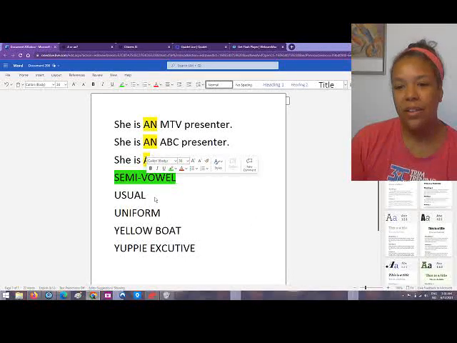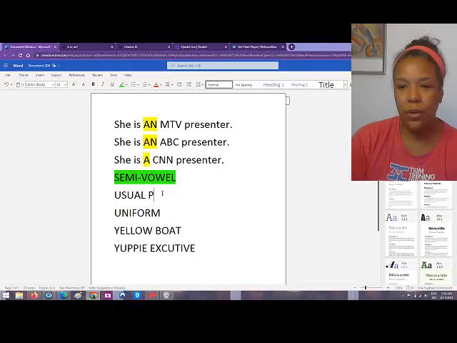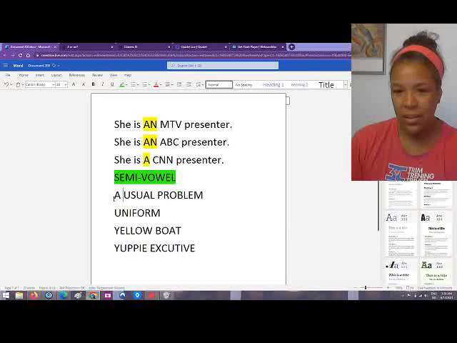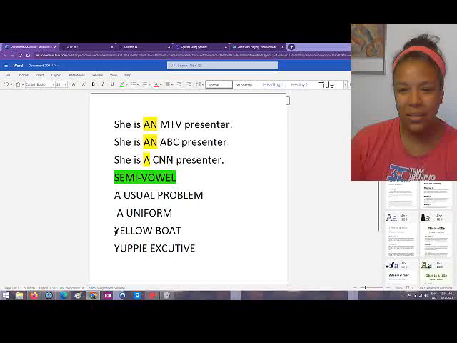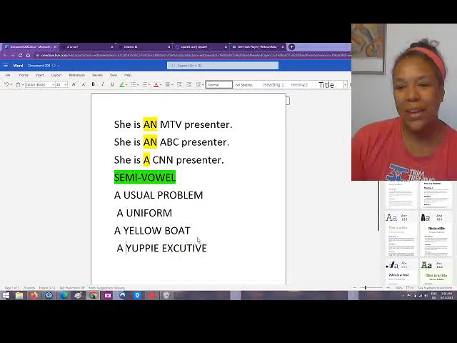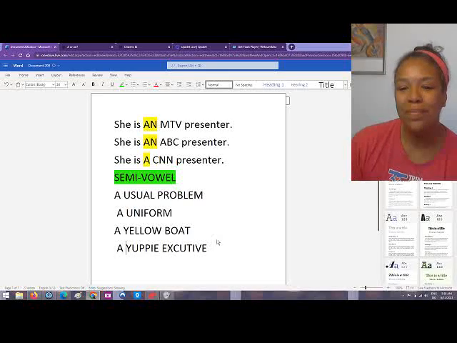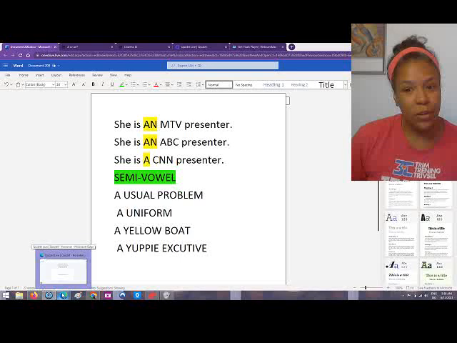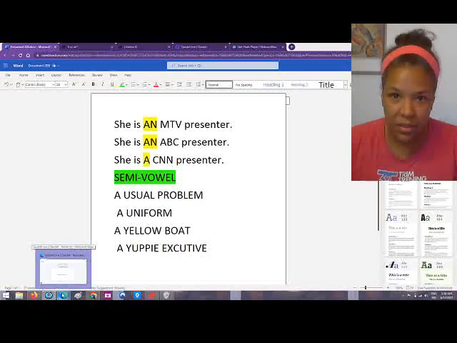A usual problem. A usual problem. A uniform. A yellow boat. A yuppie executive. And this may be a little bit difficult, even for native speakers.